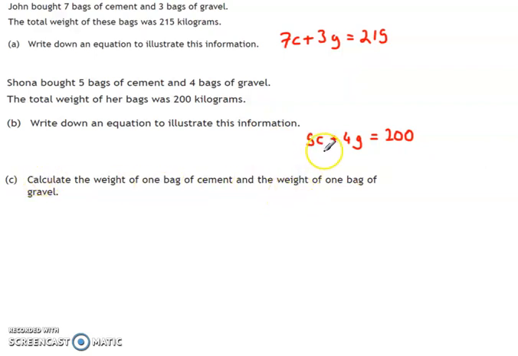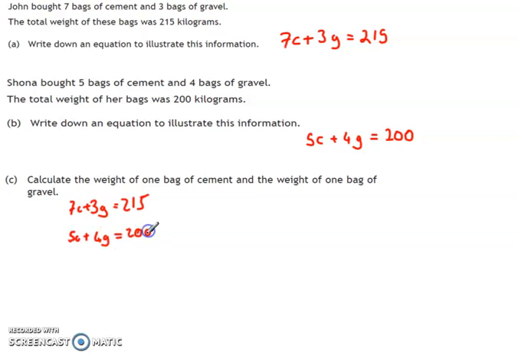So I need to figure out what C equals and what G equals. To do that, I set up my system of simultaneous equations, I solve for one variable, then I solve for the other. So I'd set them up, 7C plus 3G equals 215. Second equation would be 5C plus 4G equals 200.